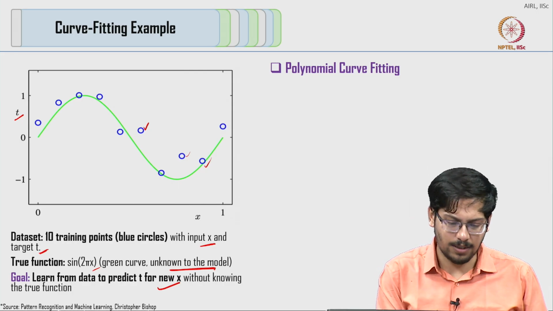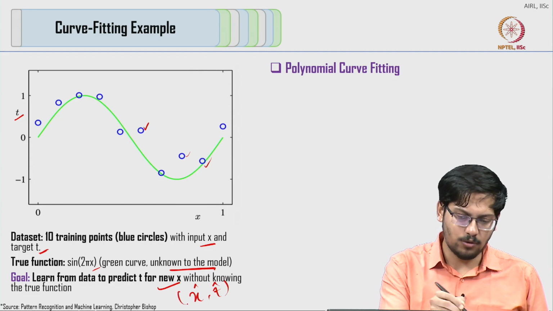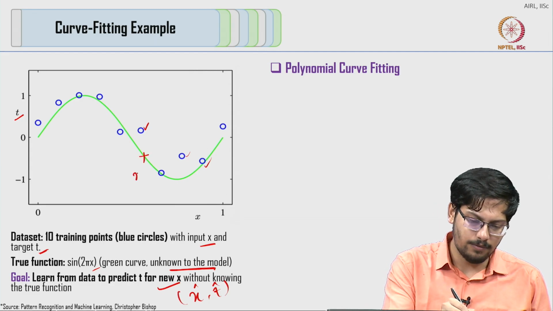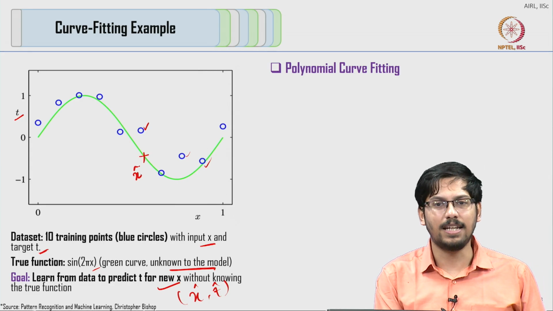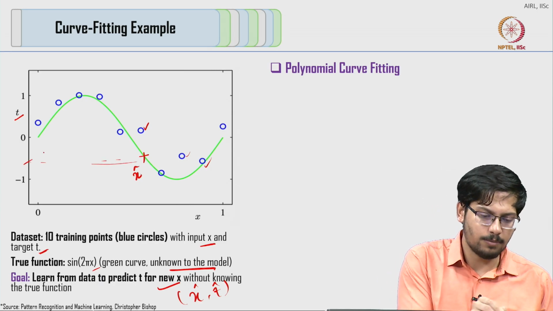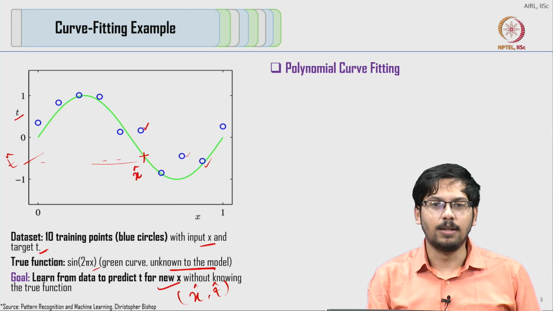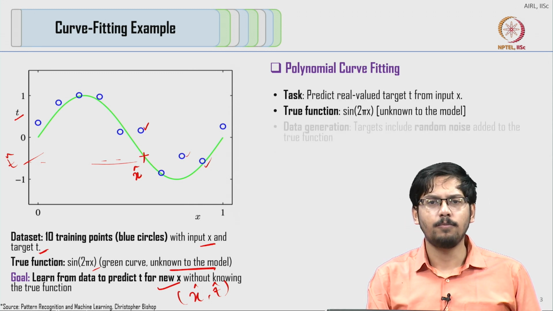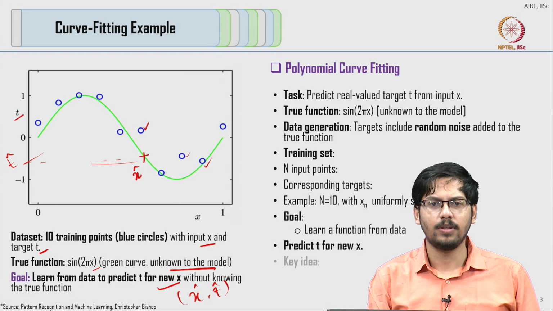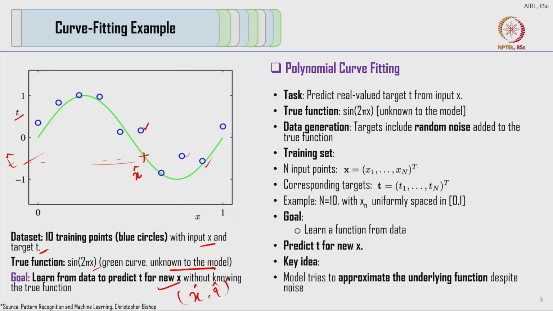So let us assume that our test set consists of x cap comma t cap, which could be any point on this curve corresponding to this test sample. We would want to get the actual target label t cap. Now essentially the task is to predict the real value target t for any given input x.